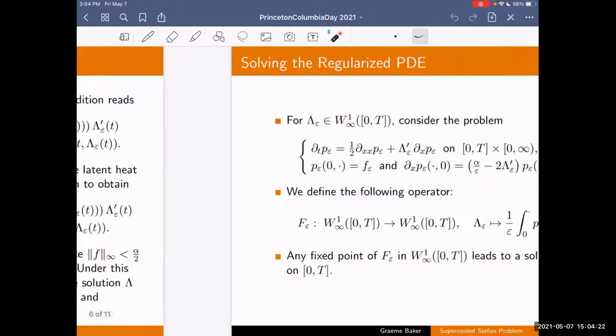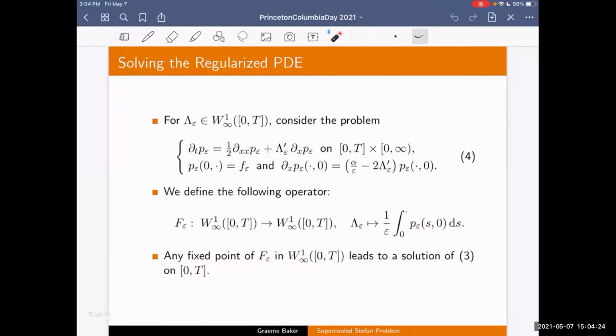Okay, so let's solve this regularized PDE. What we do, we look at this auxiliary problem 4. And so here we've conjectured some boundary lambda epsilon, and we have only one condition at the boundary for all times, okay? So we can solve this problem.